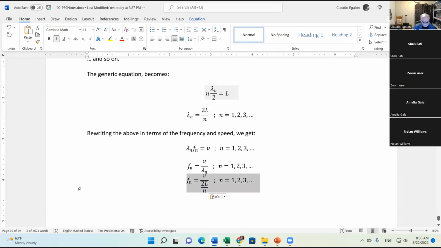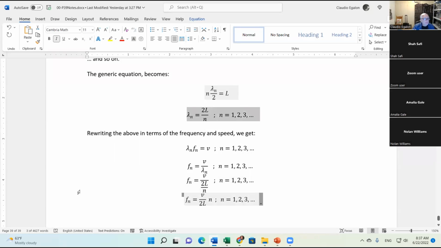It becomes n at the top over 2L. Okay, that's another way of writing the modes of vibration.